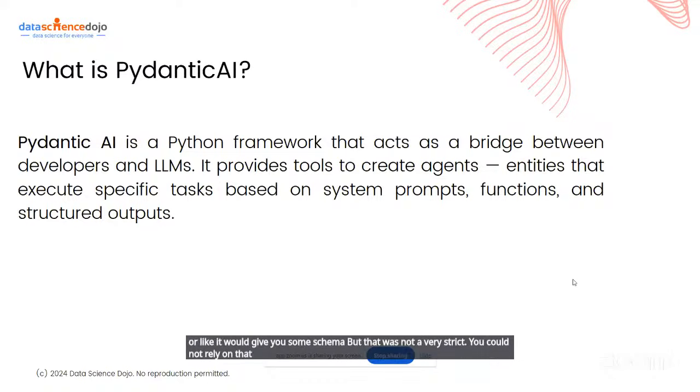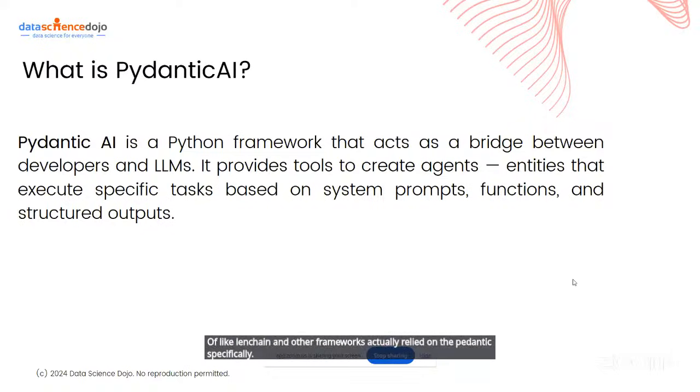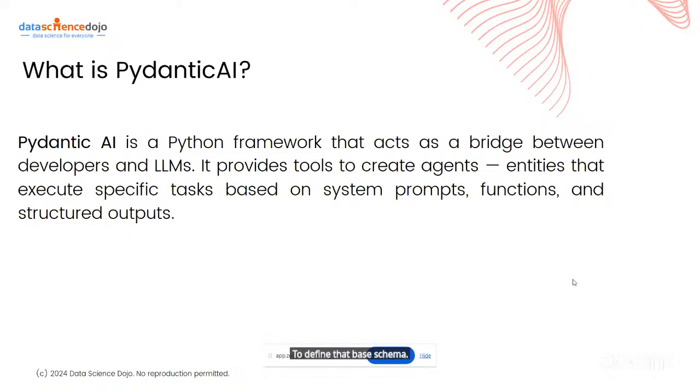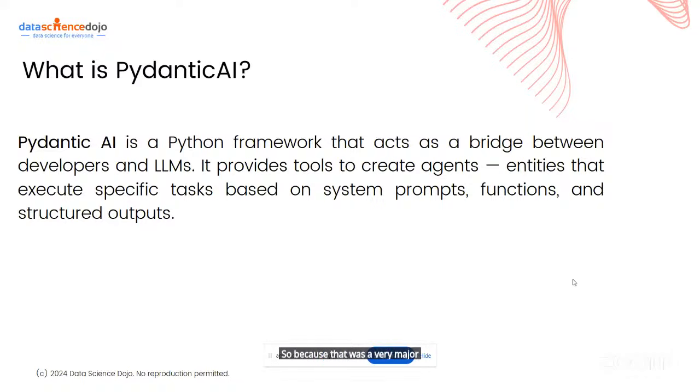So LangChain and other frameworks relied on Pydantic specifically to define that base schema. Then came function calling as well, where you could define the schema that was bound to your LLM, so the LLM was very strictly following that schema. That was a major problem that developers were facing while creating LLM based applications.